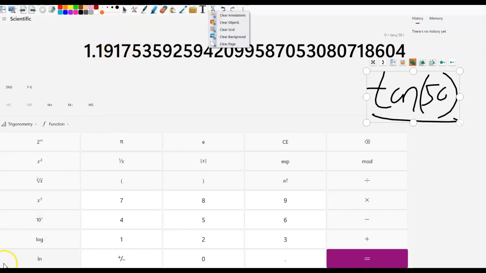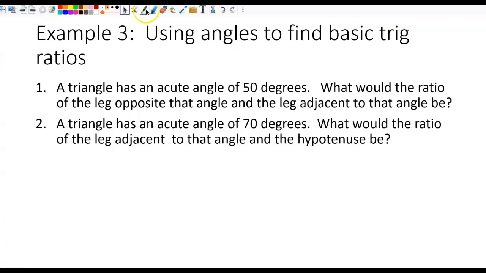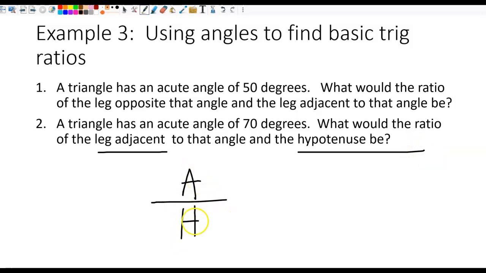All right, let's take a look at another one. A triangle has an acute angle of 70 degrees. What would the ratio of the leg adjacent to that angle and the hypotenuse be? Whichever one comes first, the adjacent goes on top, and the hypotenuse goes on the bottom.